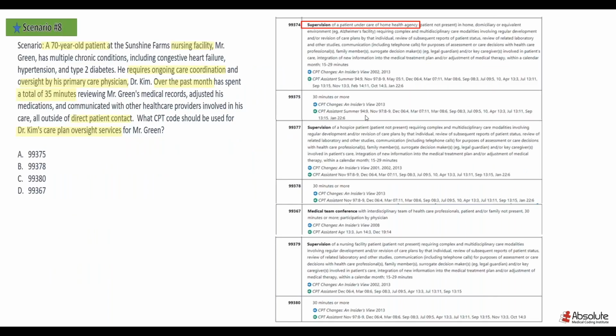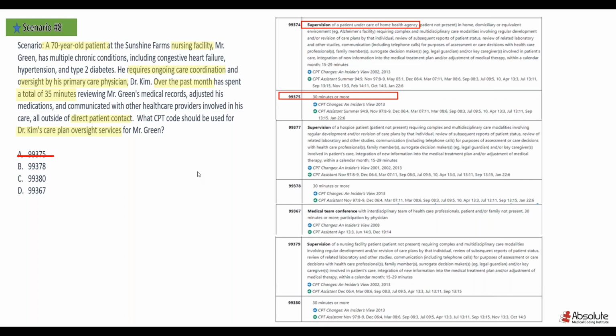So let's quickly look into the codes which we are having: 99375, which is for supervision of patient under care for home health agency, 30 minutes or more. And this is incorrect because it's the wrong location. We have oversight services which are provided for a patient in a nursing facility.